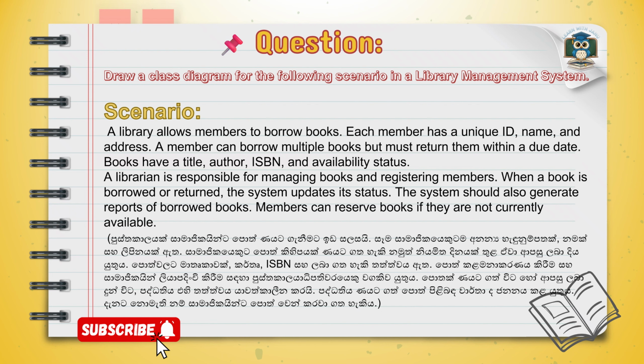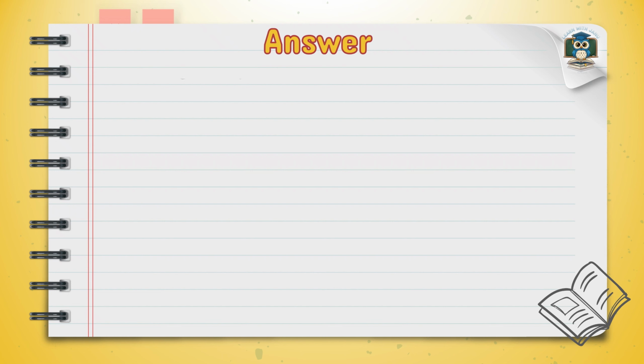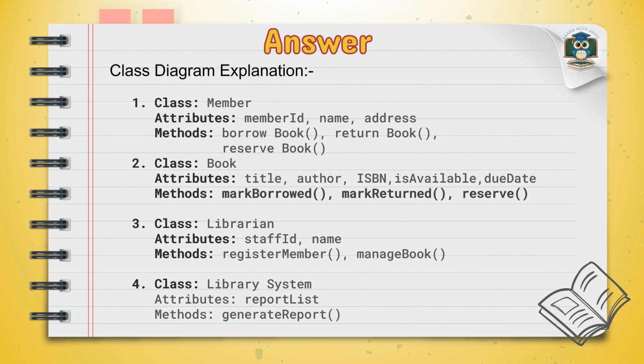A librarian is responsible for managing books and registering members for the library. When a book is borrowed or returned, the system updates its status. The system should also generate reports of borrowed books. It can reserve a book if there are none currently available. So this is the scenario for the question.